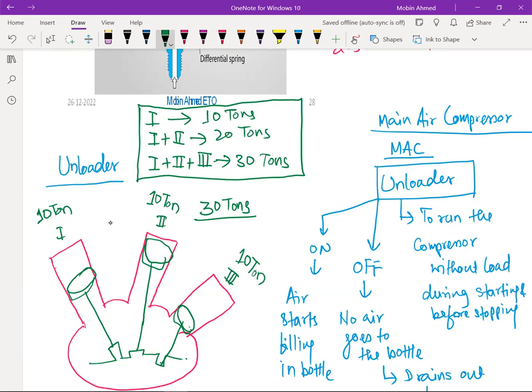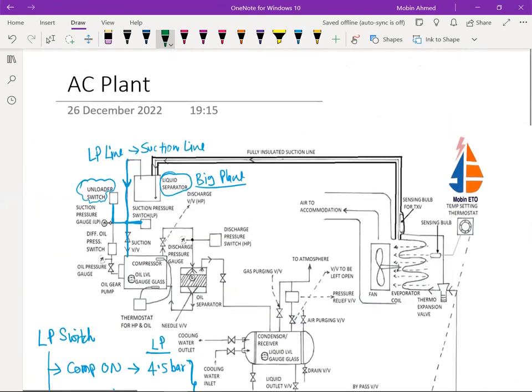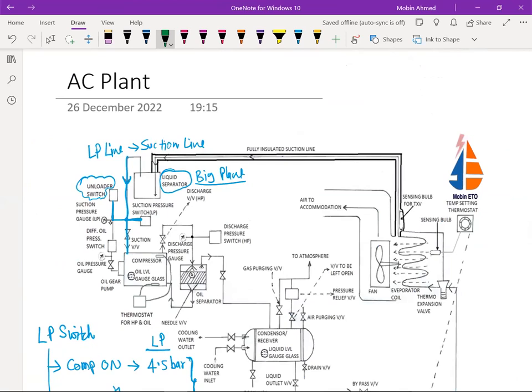This is known as capacity control. That means this unloader is doing the capacity control. Now, how is it going to sense when it has to go for 20 tons or 30 tons? As I have told you, temperature and pressure are directly proportional.